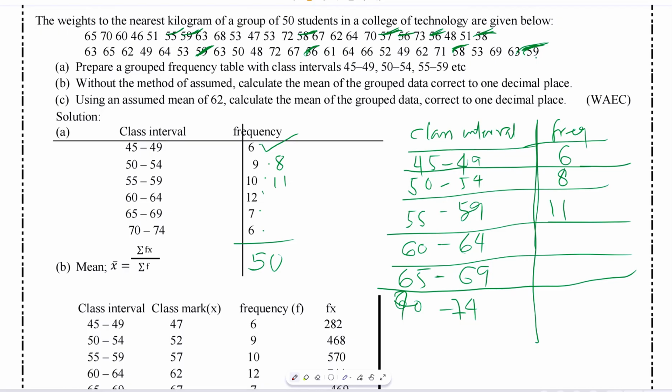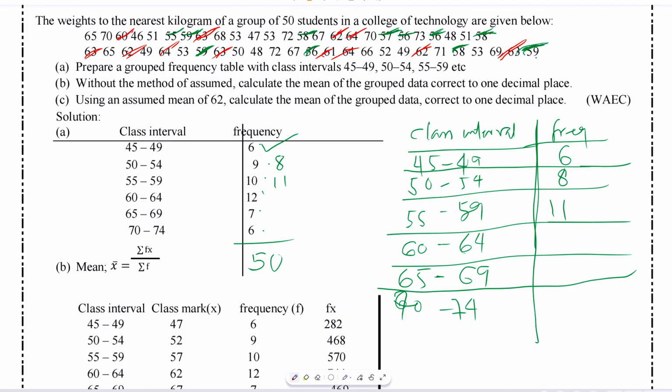60 to 64, 1, 2. I think it is only 2. Okay, this is 1 again. 60 to 64: this 62 here, this 64 here, this 63 here, this 61, this 64, this 62, this 63.